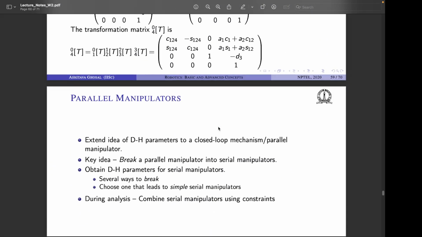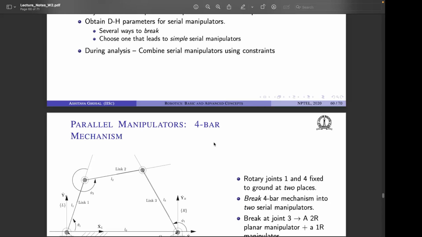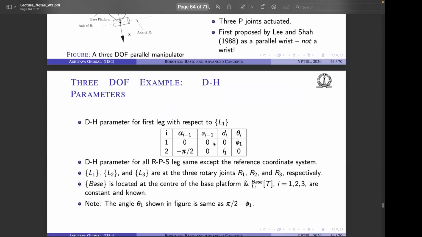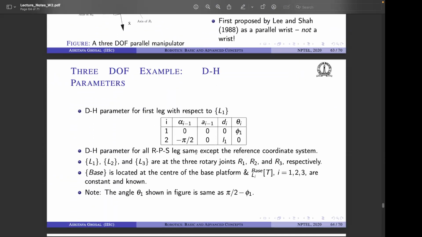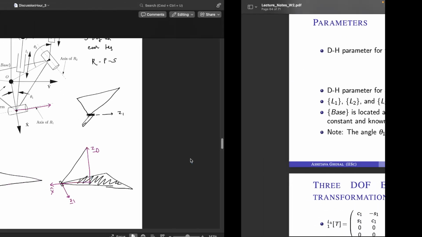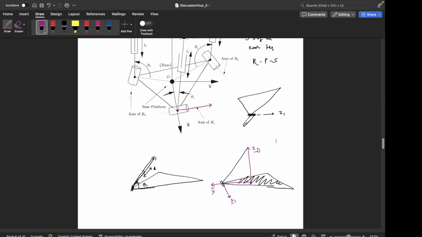Now the pi by 2 minus theta 1 thing: if this is the angle, this is theta 1, and this would be pi by 2 minus theta 1.